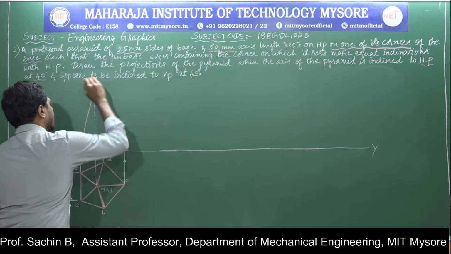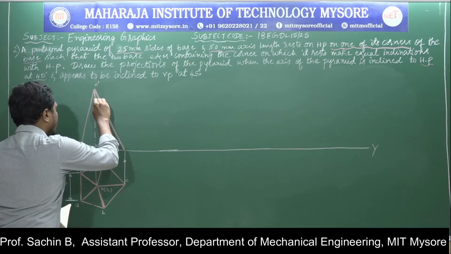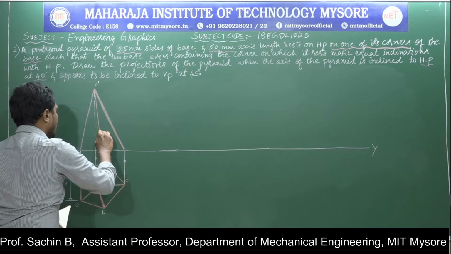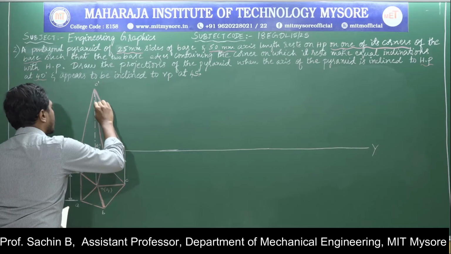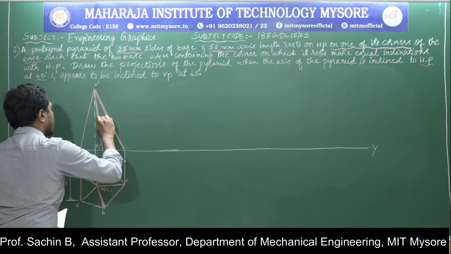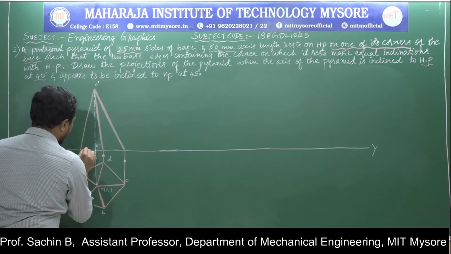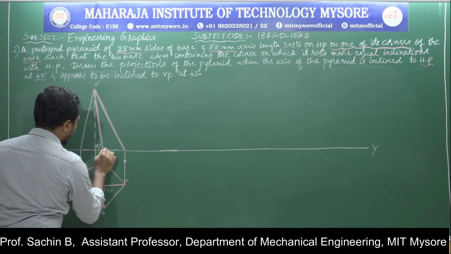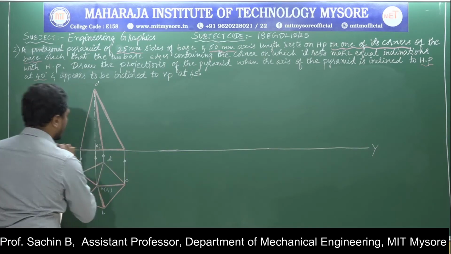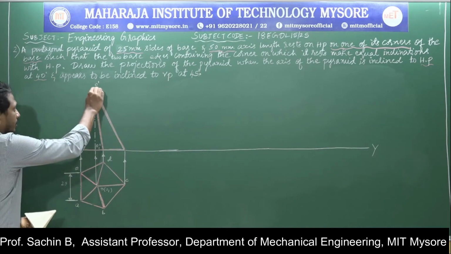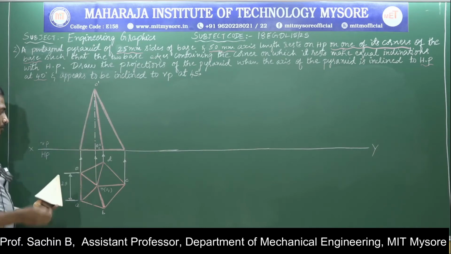Because these are all visible edges, again I will connect from O dash to D dash. Again the base part from the top, the front view is clearly visible to the observer. Now these are the slant edges that are clearly visible in the front view of the object.